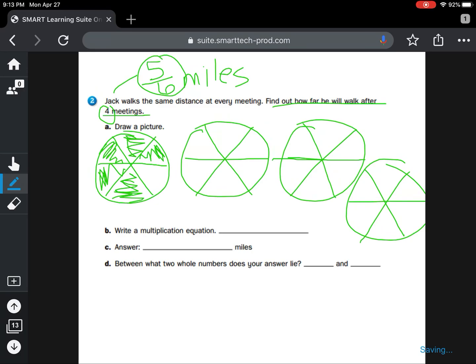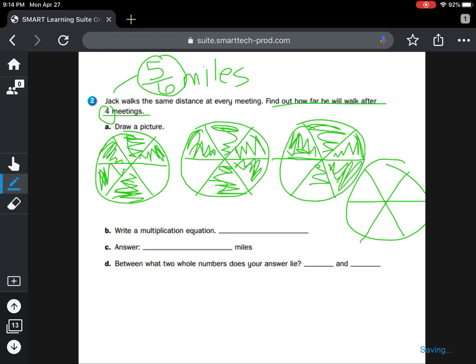Then second meet, 1/6, 2/6, 3/6, 4/6, 5/6. Then 1/6, 2/6, 3/6, 4/6, and 5/6.